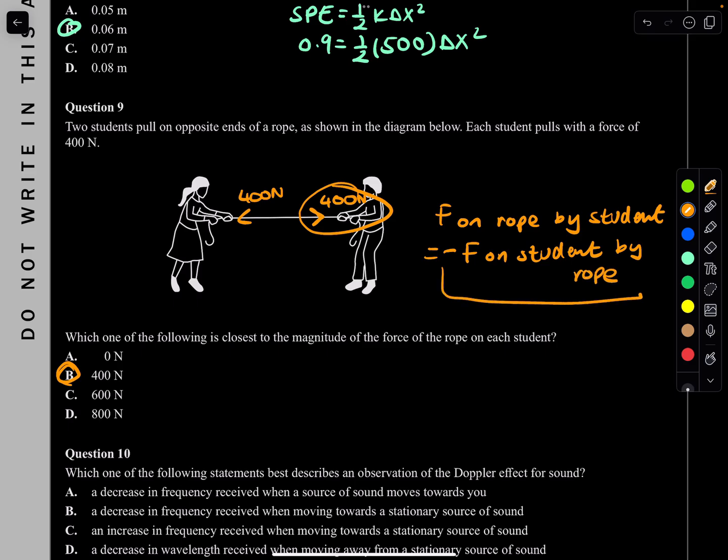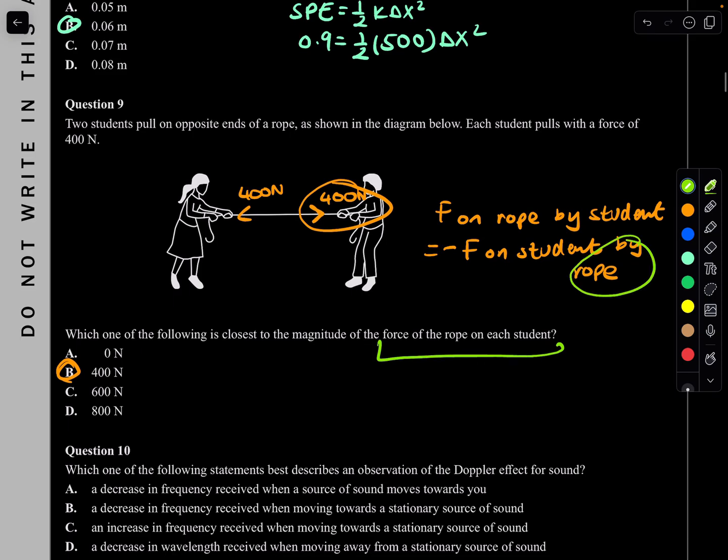And this over here is telling us what the magnitude is, the force on the student by the rope. Yes, they're going to be equal in magnitude, so 400 newtons. And we're talking about magnitude, so we don't have to worry about the direction, negative 400, just 400.